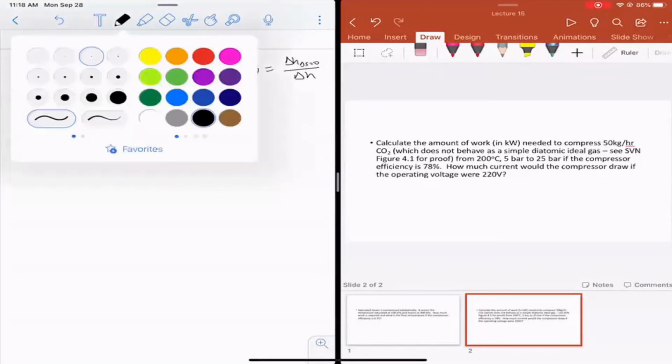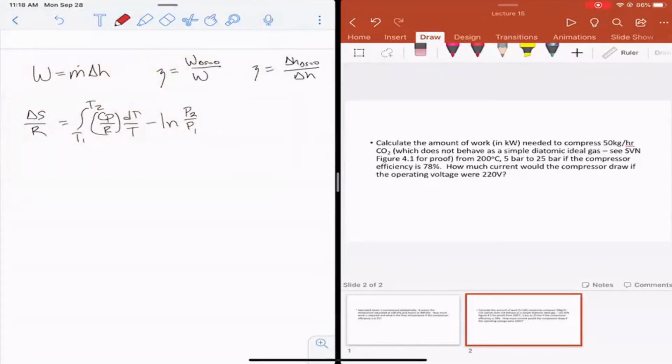And if we're not working with steam, right, we're working with another gas, we're going to use this equation, because if you set that equal to 0 for the isentropic case, well, we have the initial temperature and pressure, and we have the final pressure.